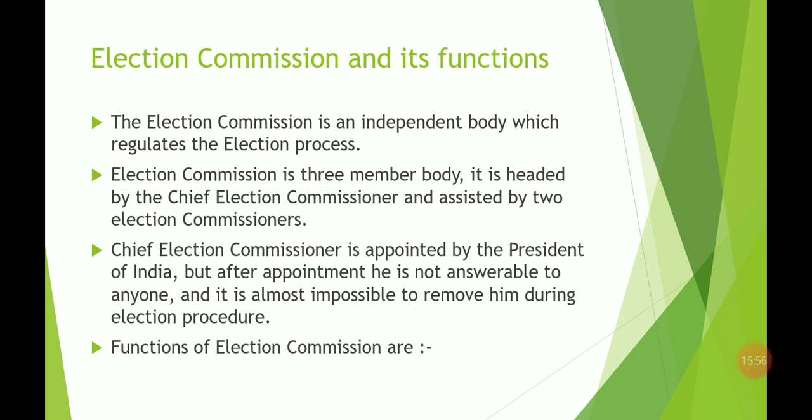Suppose somebody is appointed as Chief Election Commissioner, after getting appointed, he is not answerable to the judiciary, legislature or executive. Means that he is the only one that has all of the power for the conduct of the election to the declaration of the result. All the work is under the Election Commission officer.